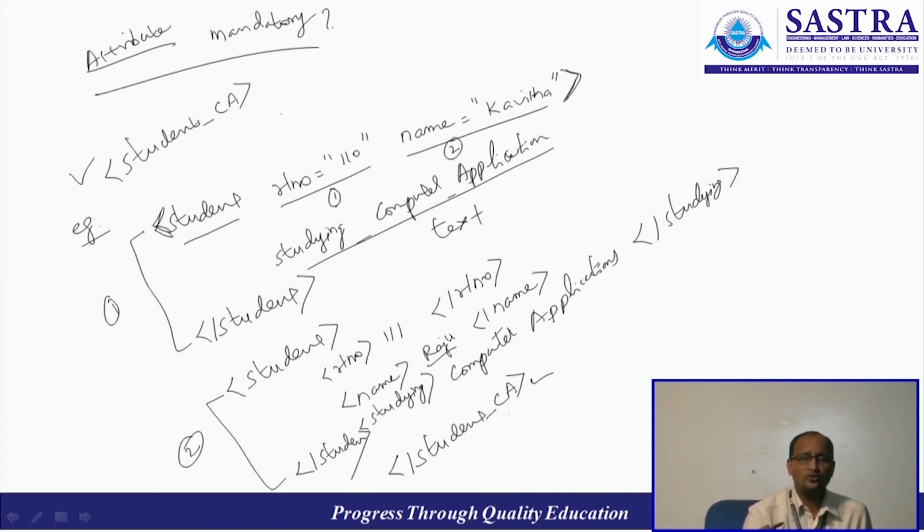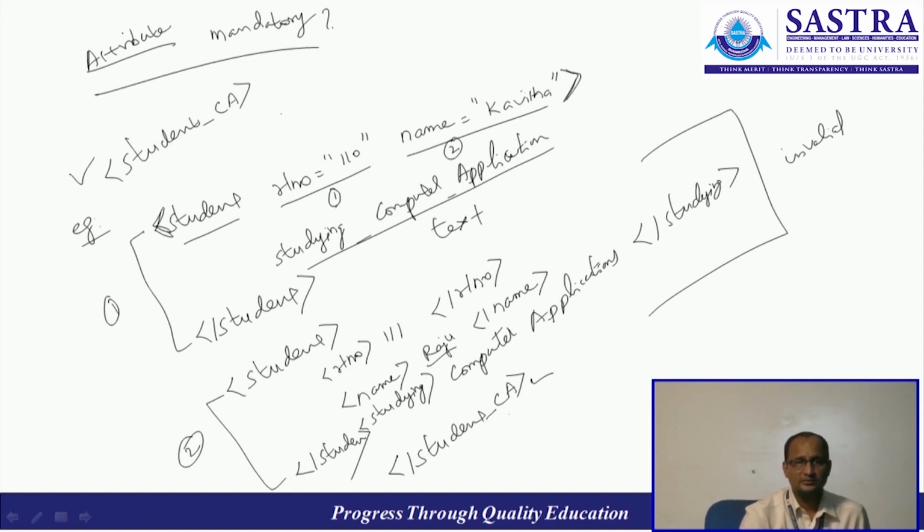When we write the structural definition, that is how the student element should be. The student element should have 2 attributes named roll number and name. If I give it like this, then the second record will be invalid.